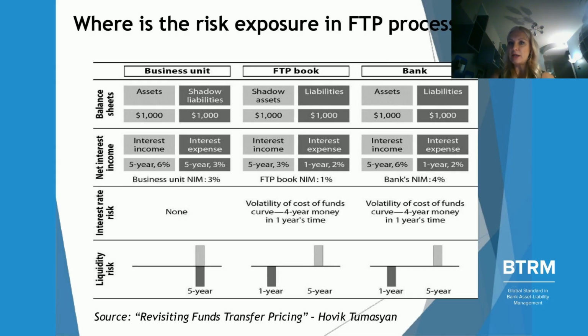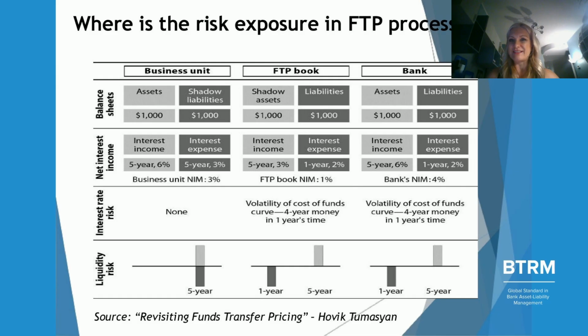So at the bank level, the net interest margin will be 4%, because the profitability metric is NIM. So we have 6 minus 2, 4%. Fantastic. The NIM of the bank is 4%, but this is not the full story.